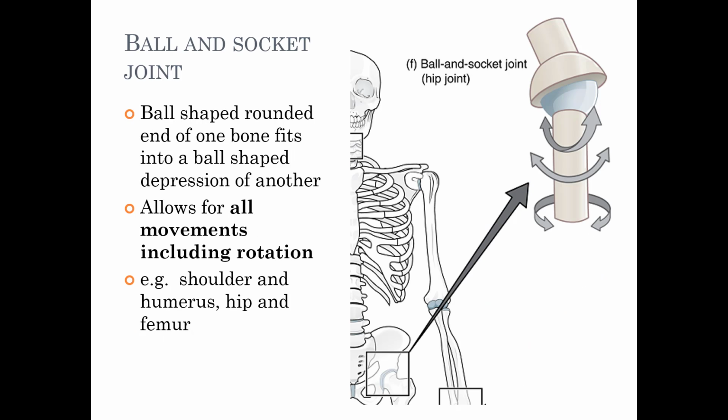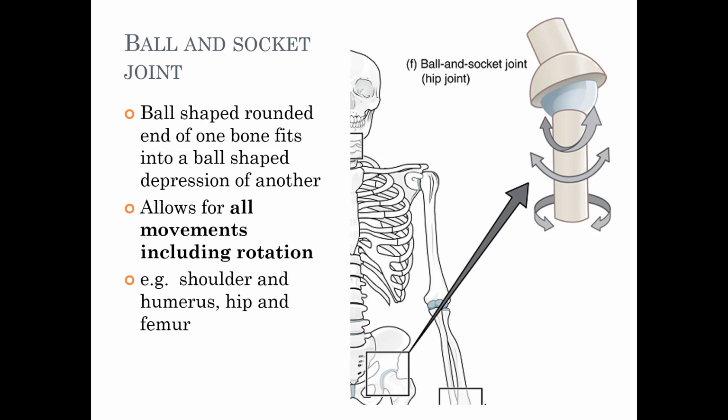And then finally, we have the ball and socket joint. The ball and socket joint is the most versatile of all of the joints. It is exactly what it sounds like, that the end of one bone appears to be a ball that fits into a depression, or a ball-shaped depression, on the other one. So examples, of course, are the humerus and the scapula, which have a ball and socket joint.